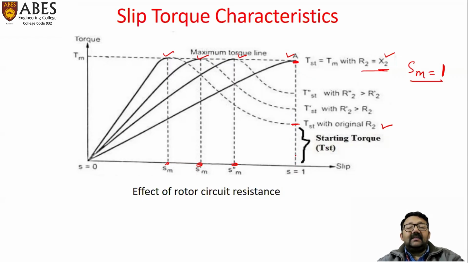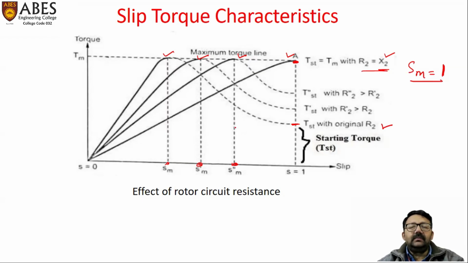So this is the impact of rotor circuit resistance, which can be summarized as follows. The rotor circuit resistance has no effect on the magnitude of maximum torque. Second, the starting torque of an induction motor is directly proportional to the rotor circuit resistance. As the resistance increases, starting torque also increases.